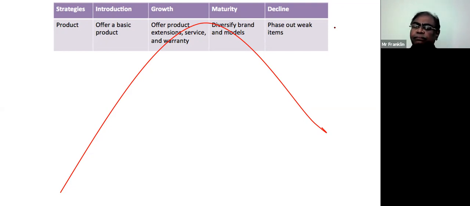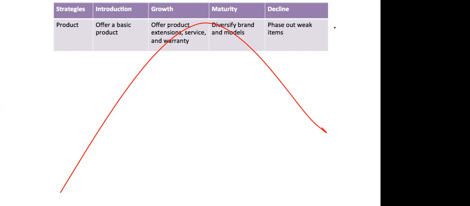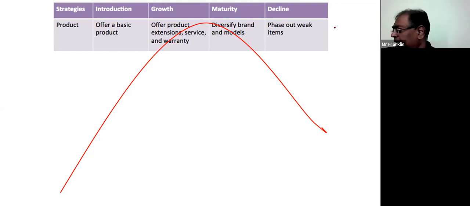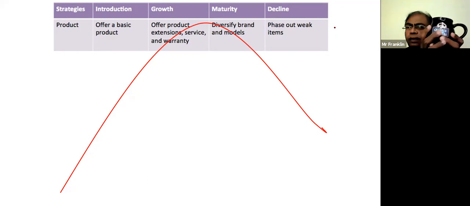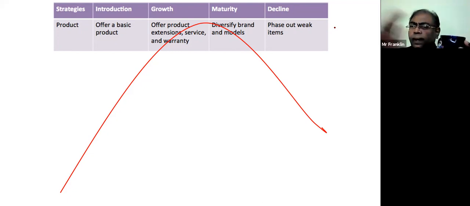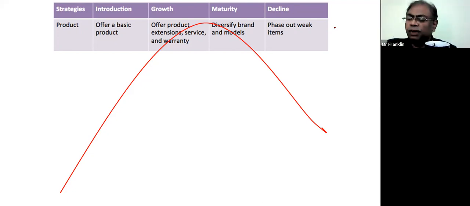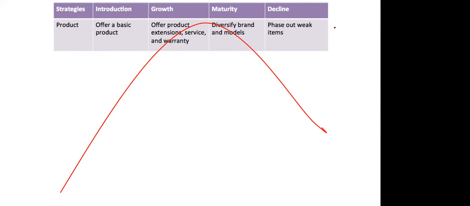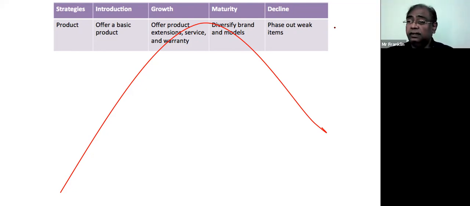Okay, a good is something that you can touch and feel. For example, a handphone is something that I can hold and touch. So this is a good, something I'm selling. Or it can be a service. Service is what? Give me an example of a service. Travel.